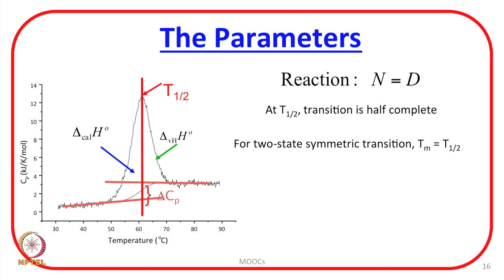And if this transition is symmetric, please note this, then the Tm, that is the temperature where heat capacity is maximum, will be same as T half. That is what is commented over here. For a two state symmetric transition, Tm is equal to T half.